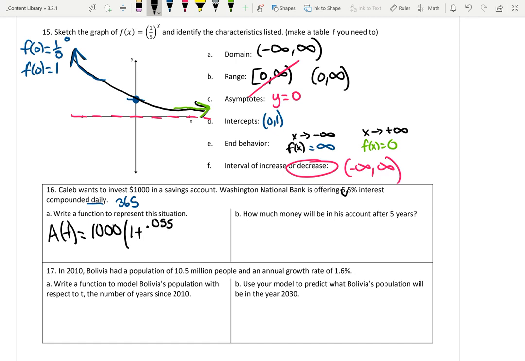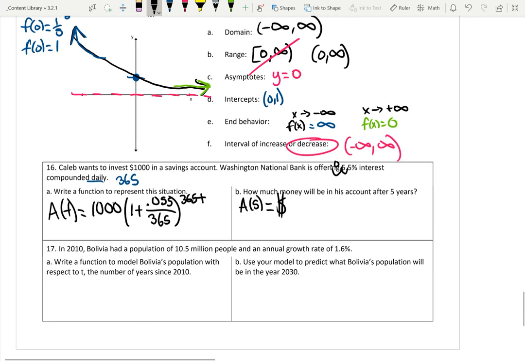You go 1, 2, and then you fill in the gap with the 0. And since we're compounding daily, we're going to divide this guy by 365, and we're going to raise it to 365 times t. Now, we're going to go ahead and plug in 5, and we're going to just type this guy in, and we're going to get an amount of money.